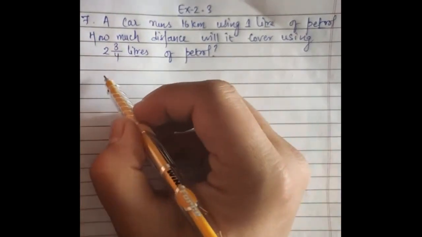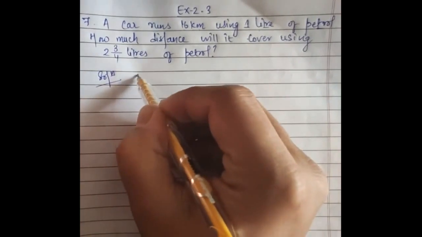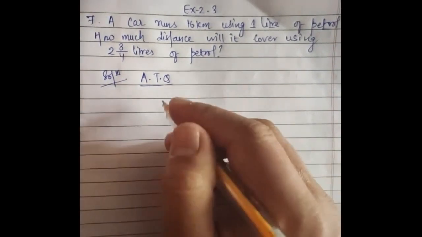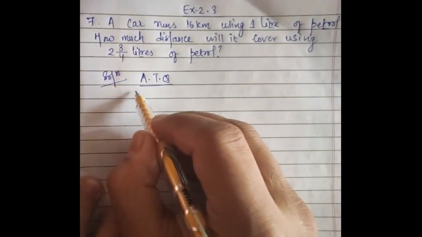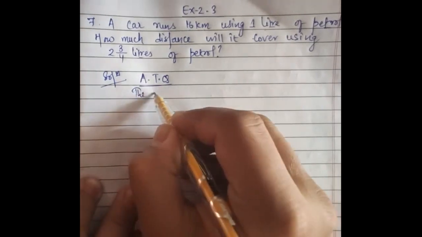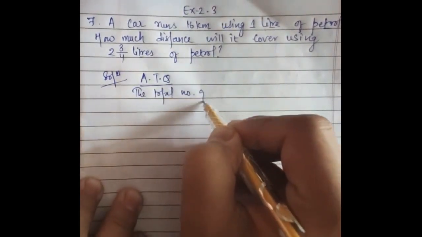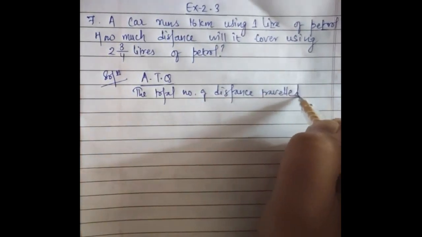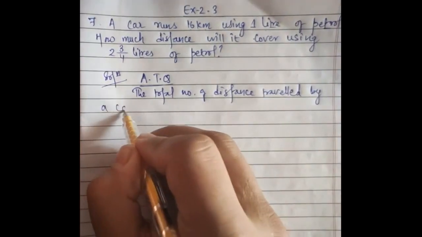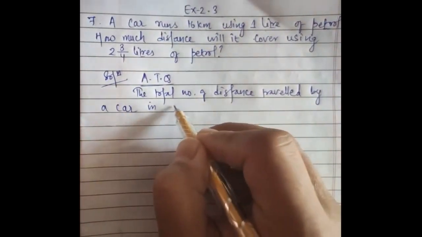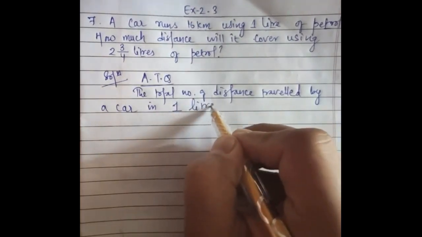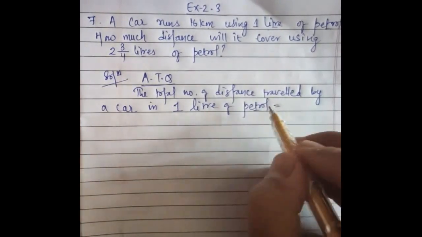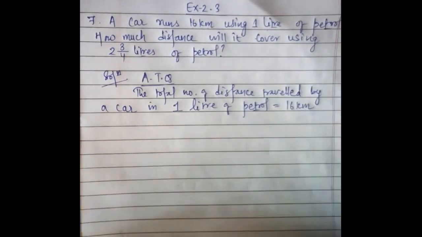Simplest one. So we can write, according to the question, the total distance traveled by a car using 1 liter of petrol is 16 km.